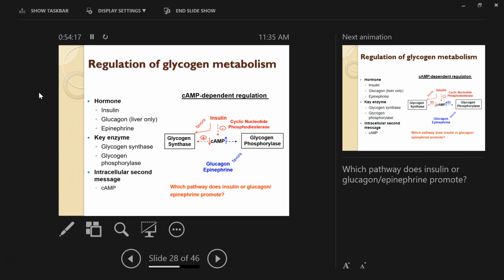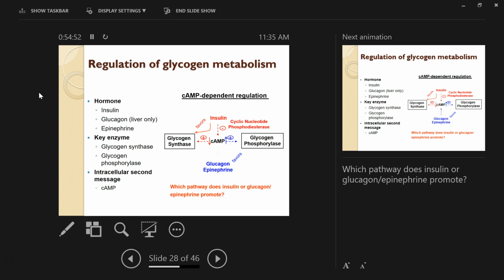So glycogen synthesis is regulated by cyclic AMP levels. When cyclic AMP levels decrease, glycogen synthesis activity increases. But glycogen phosphorylase is positively regulated by cyclic AMP levels, so increased cyclic AMP stimulates glycogen phosphorylase.